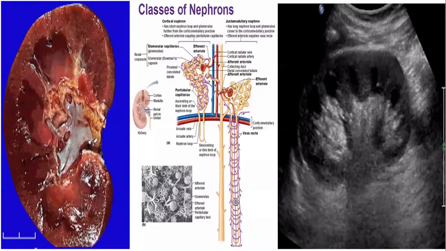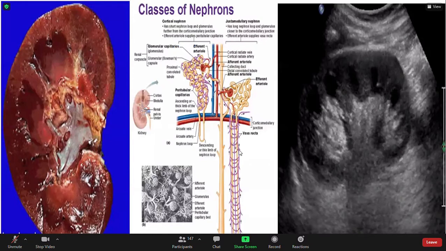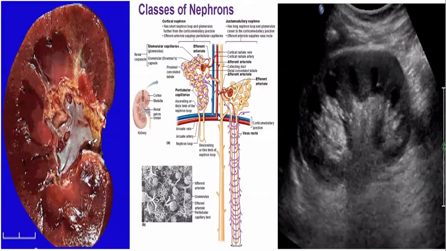And you can see the central echo complex, which corresponds to what you see here. It's the fatty sinus, that's why it's also very white. You also see here the calyces, the minor, which become the major calyces. These are the expressions.